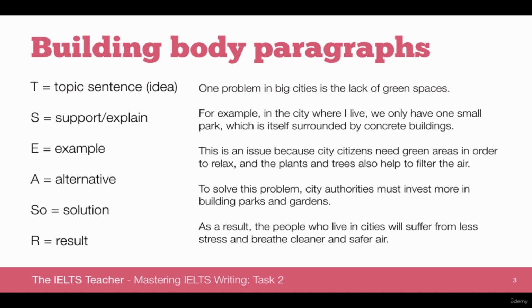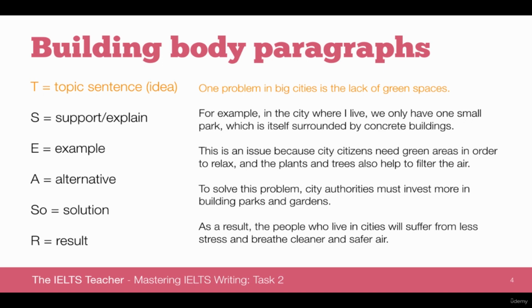So the first sentence is called a topic sentence, which we denote with the letter T. One problem in big cities is the lack of green spaces. This tells the reader what the main idea is in this paragraph, what the main topic is. Everything that follows this sentence can be related back to the original idea.